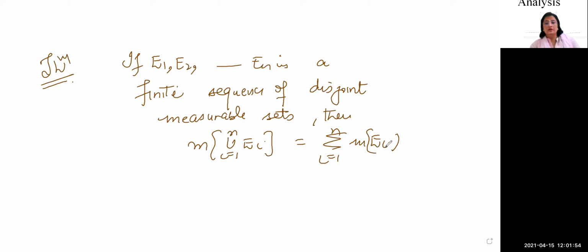This we want to do. So this will only hold if it is a finite sequence and it is disjoint measurable sets. So again we will prove it by the principle of mathematical induction.